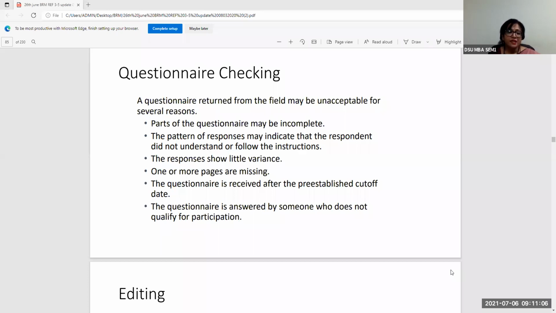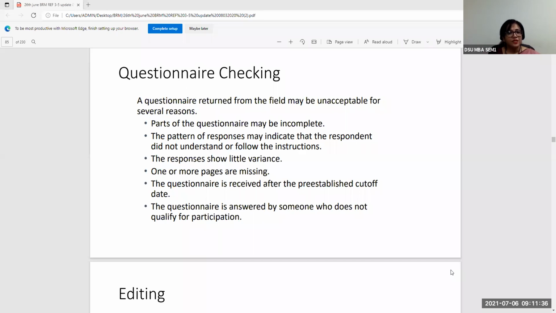So what you need to do while checking the questionnaires when they return from the field after you have administered it, which is right now what all of you are doing, like you have used a Google form, or a e-questionnaire developed on SurveyMonkey, and you have given it out to people to respond, and the answers have come in and got stored in an Excel sheet or a Google sheet, right? You can check which of the questions people answered and which they did not answer.